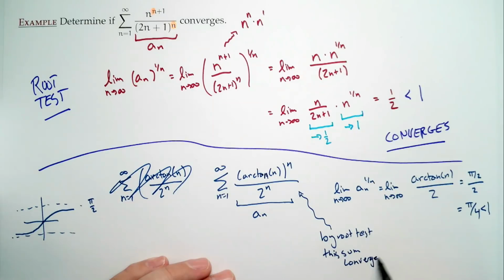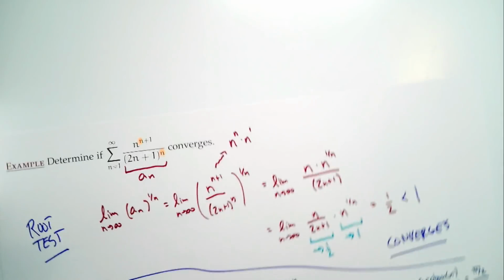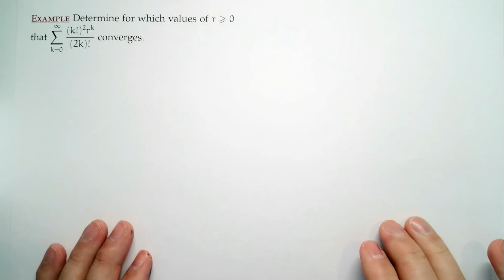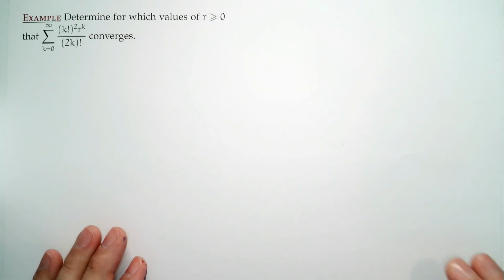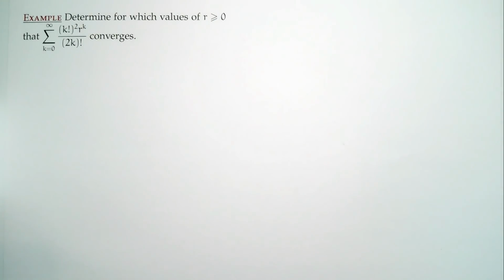All right, good. Okay, well, let's do one more problem for today. So this is kind of a different type of question because it doesn't say, does this sum converge or diverge?